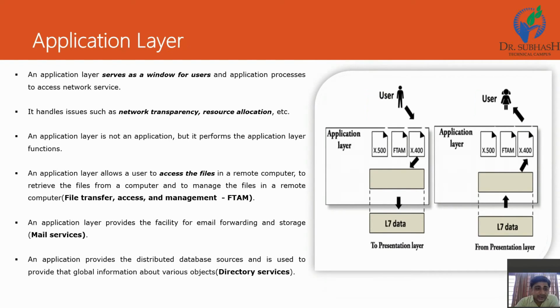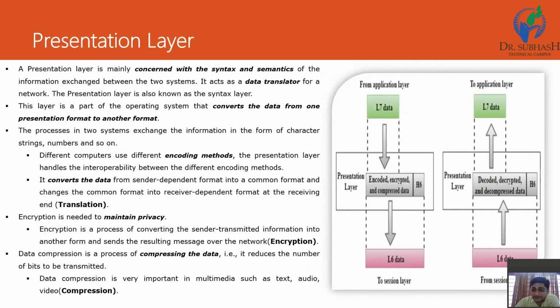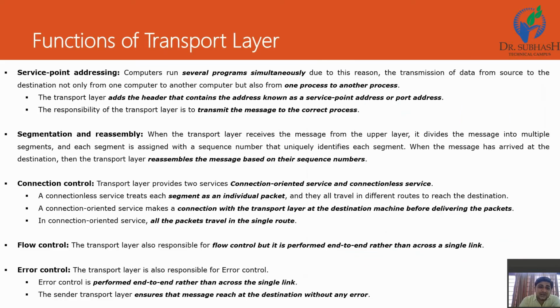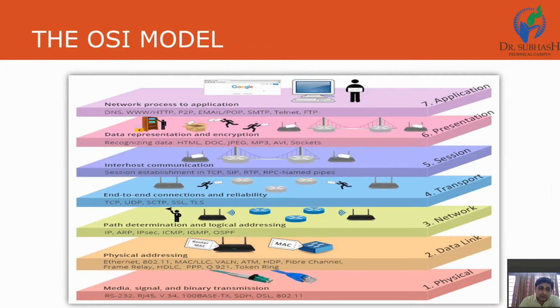Next one is the presentation layer. How to present your data? We quickly revise the model. Here we have 7 layers: physical layer, data link layer, network layer, transport layer and session layer.